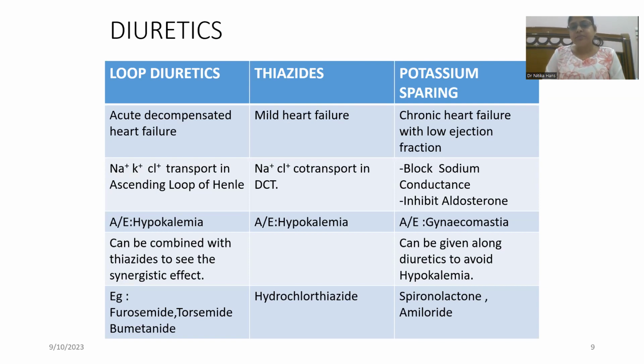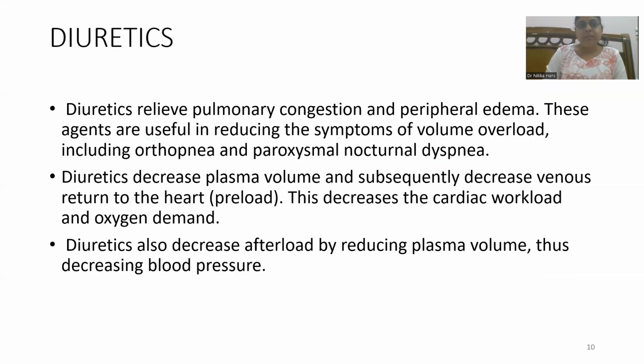The loop diuretics are furosemide, torsemide, and bumetanide. Thiazides include hydrochlorothiazide, and potassium-sparing diuretics are aldosterone antagonists also. These are spironolactone and amiloride.